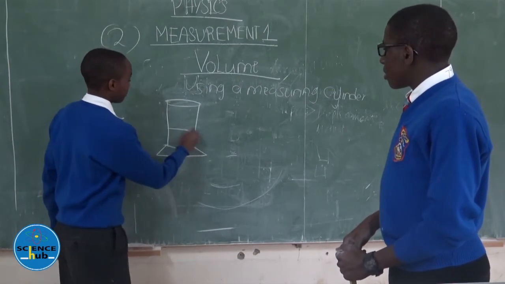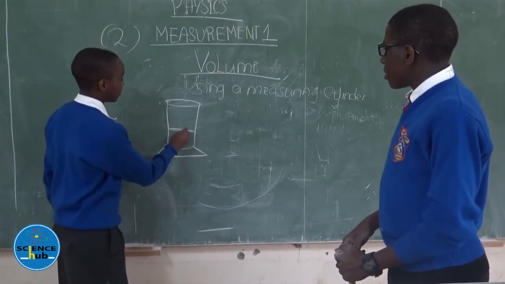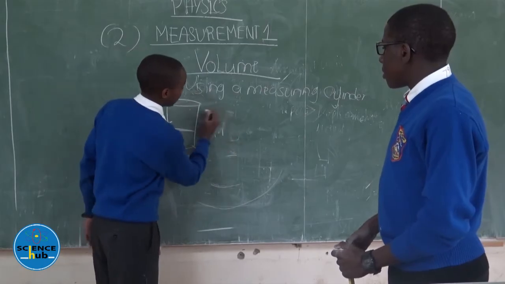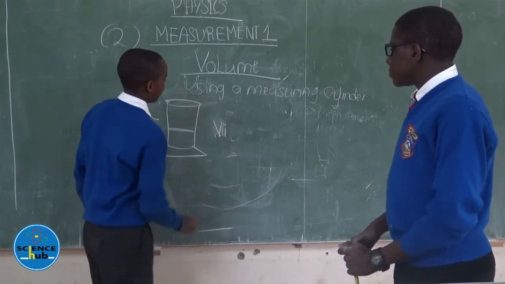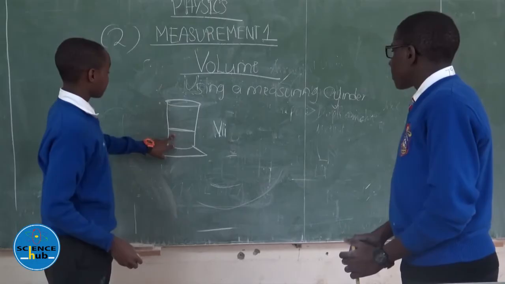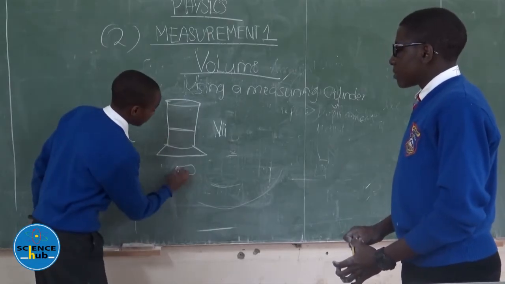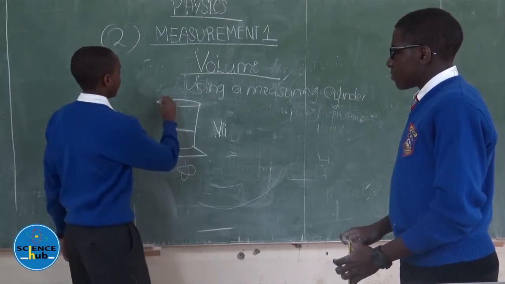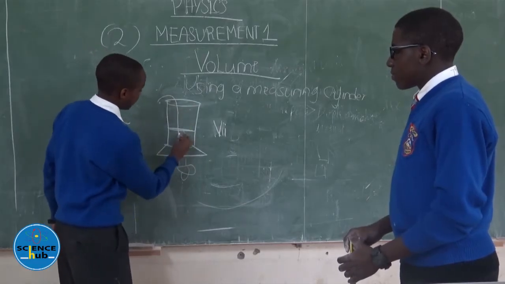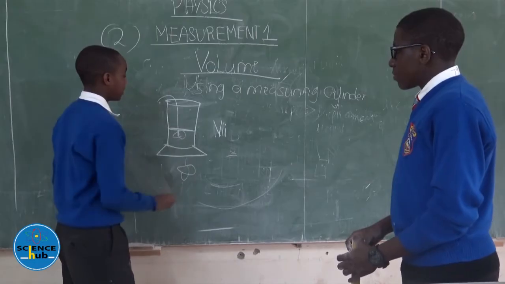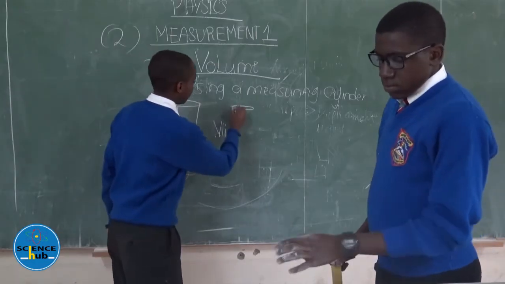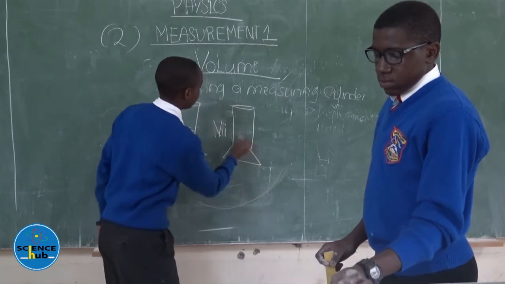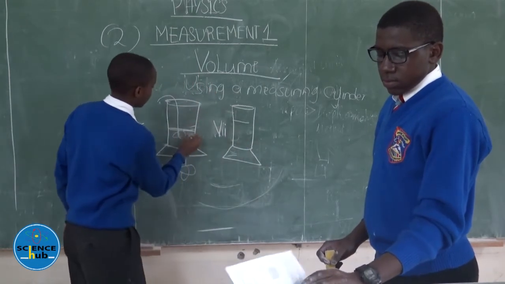You should first of all pour a reasonable amount of liquid or water. Note it down as the first volume. Then tie the irregular object such as, for example, the stone, and gently immerse it into the liquid. Therefore, the new volume of water will slightly be above this point.